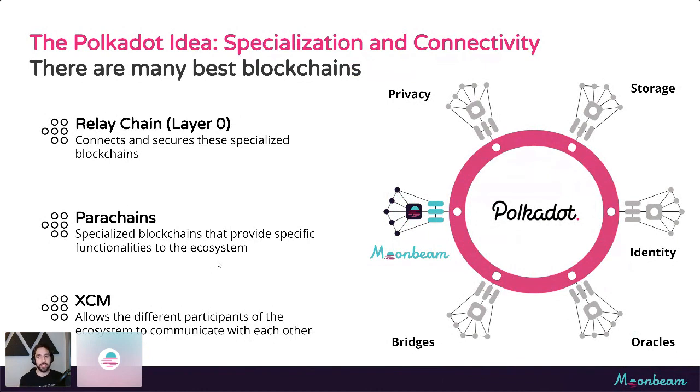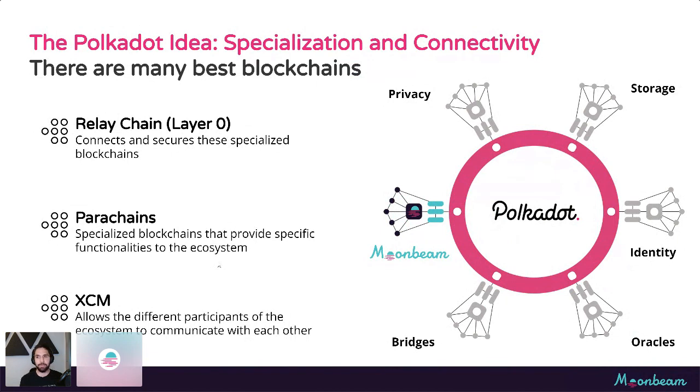A very interesting thing about this arrangement is that Polkadot is nothing without the parachains, because there's no real functionality for the end user, but the parachains themselves are also nothing without Polkadot. There's an inherent trust that the parachains need to have in Polkadot, because Polkadot is providing a service, which is block finalization. On top of that service, XCM is what allows different parachains or participants of the ecosystem to communicate with each other.